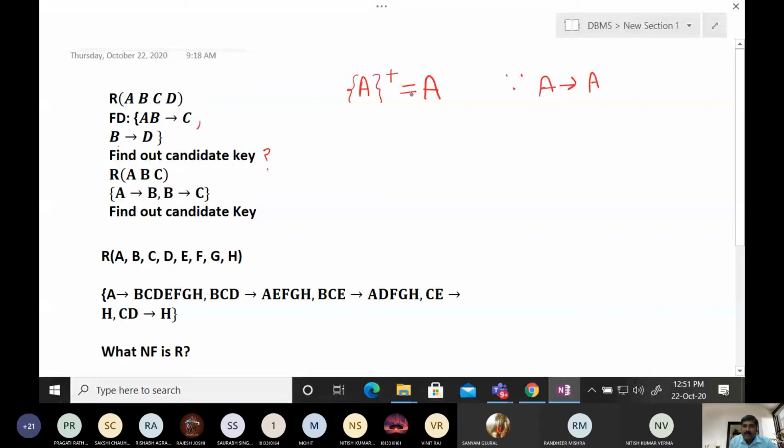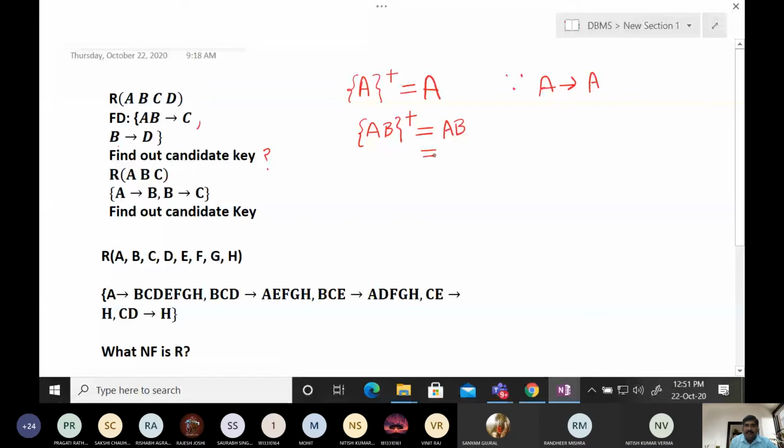But if we want to calculate the closure of attribute set AB, then through the reflexivity rule, AB determines AB, so we will store AB in the closure set of AB.